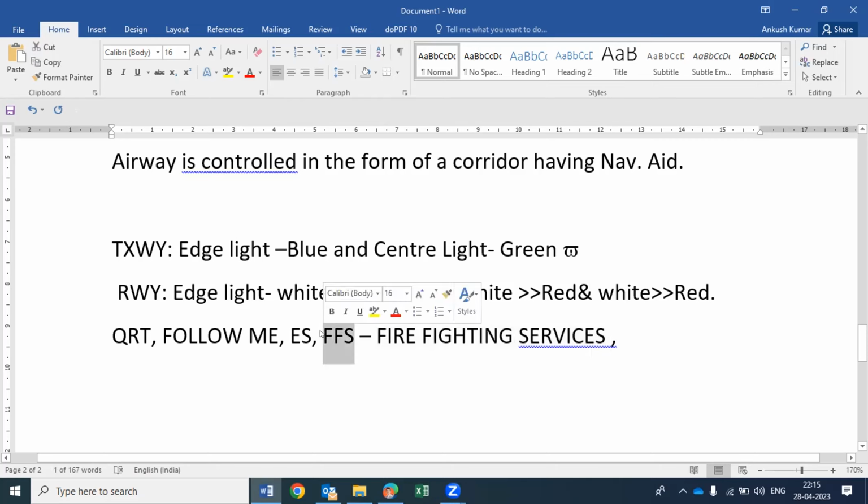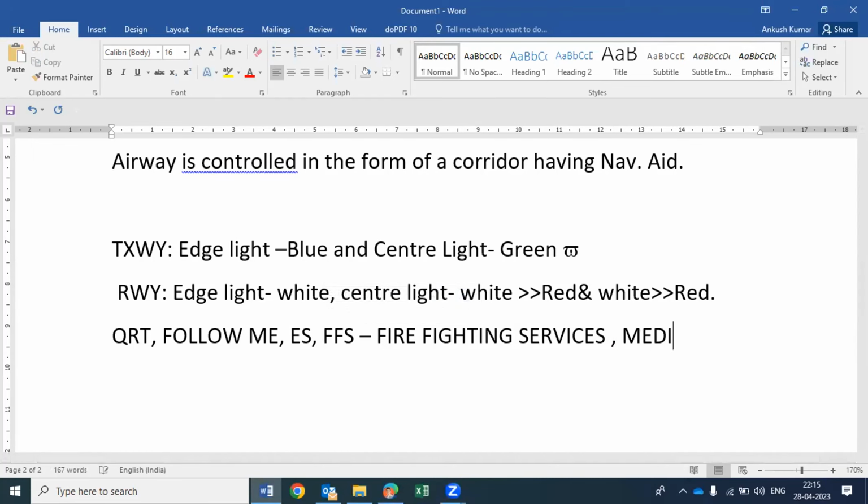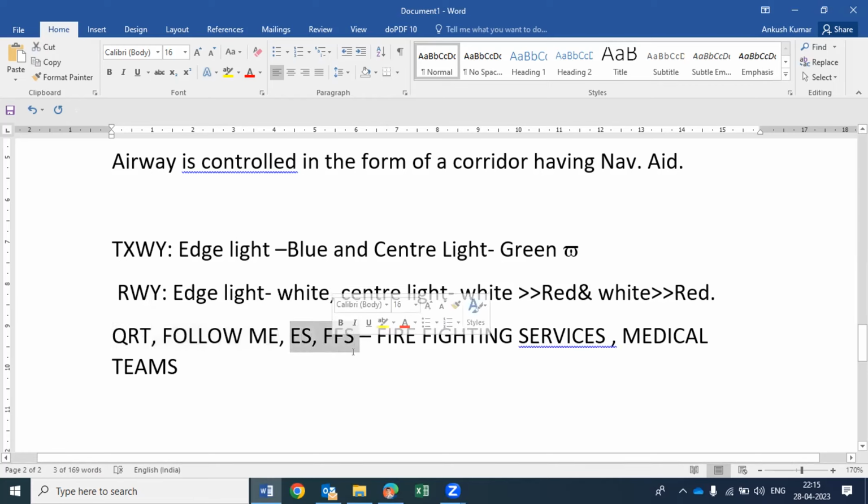In short, you can write FFS. You can note it down now also. This is very important. You can have a team of first aid doctors, that is commonly called medical teams. Right? These 5 things an airport can have.